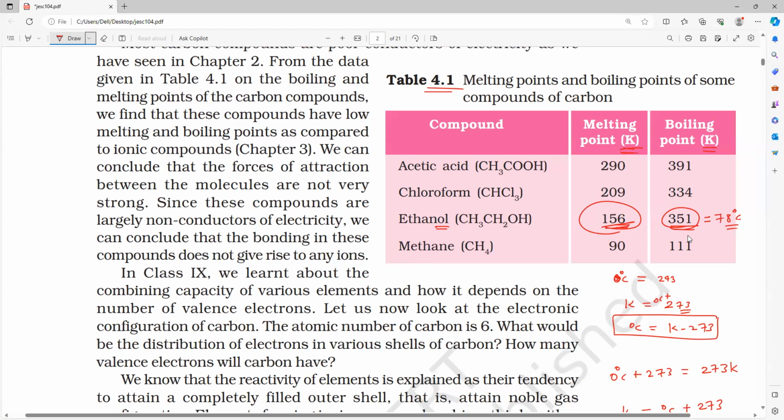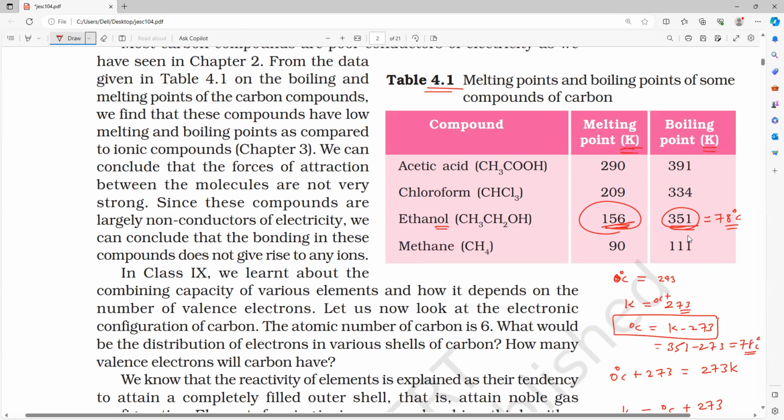Verify it: 351 minus 273. How much is the answer? 78. Okay.